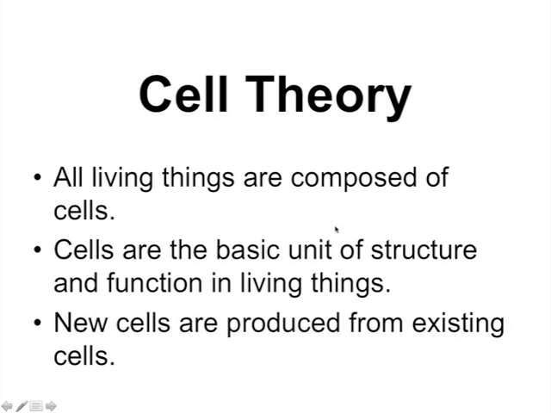Now, notice that it is the cell theory, and we know that there's one more step up above that. We could call it the cell law, but it's not the cell law because it doesn't explain everything. And so if we take a look at some exceptions or some things that don't exactly fit into our cell theory, I think you'll see why that is.